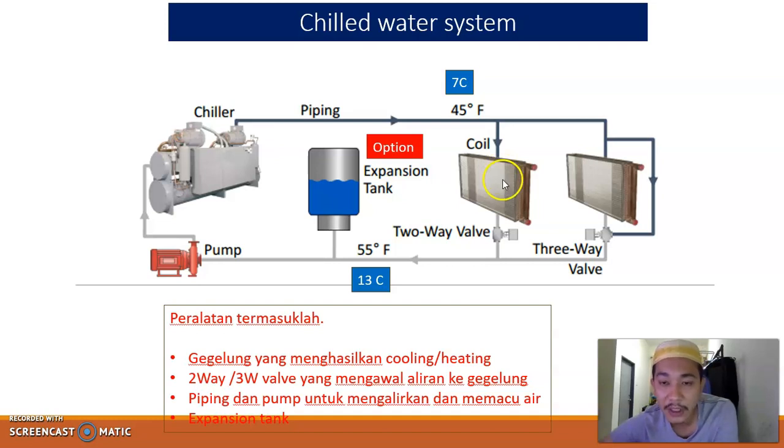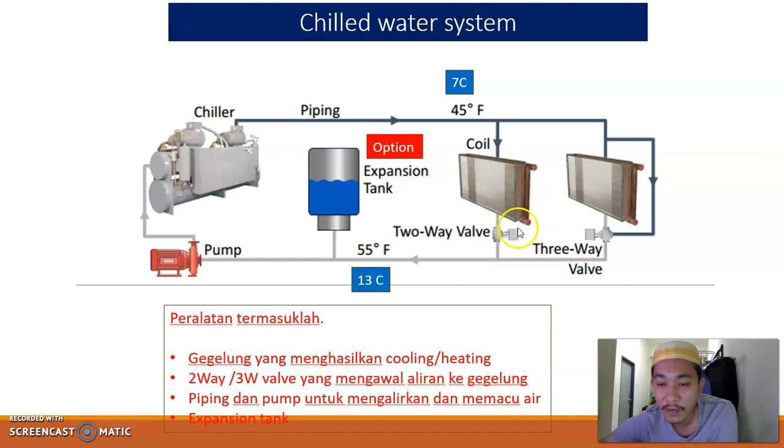Usually it's about 16 degrees Celsius because we have a thermostat there in the room. It depends on the occupant to control the temperature in their room, using the thermostat. Then it tells the sensor in the cooling coil or air handling unit how much chill water we want to supply to achieve the temperature.